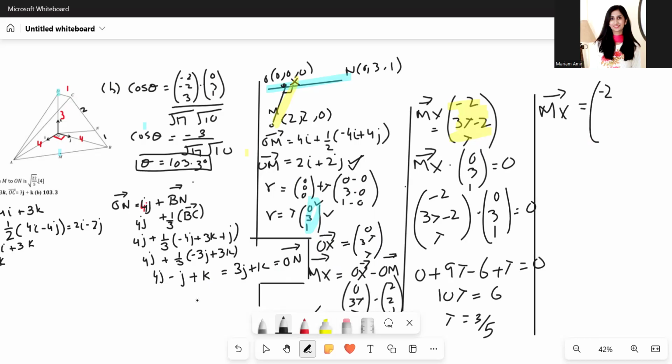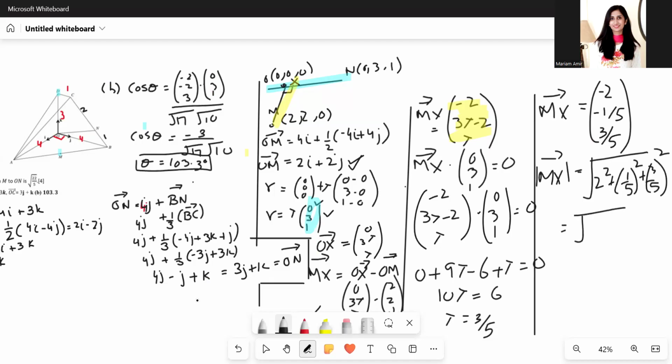So we get -2 and -1 by 5 after substituting the value of lambda as 3 by 5. Now we find its magnitude, which will be square root of 2 squared plus 1 by 5 squared plus 3 by 5 squared. So enter the squares and their sum in the calculator and we'll get 22/5. So this is what we had to show.